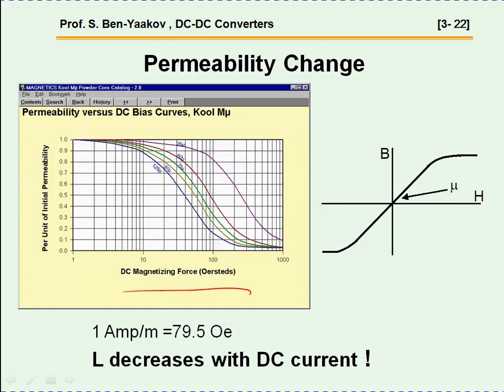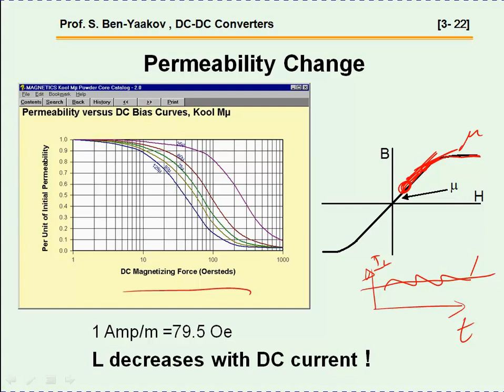That is, when I feed the current to the wire, there's an average current. This is the DC value of the current. And if the average current is high, I'm moving on this curve from, say, here, maybe to here. And of course, as I move up, first of all, I may hit the saturation, but even before that, as you can see, the slope here is changing. That is, mu is changing. And if mu is changing, the inductance will be changing.